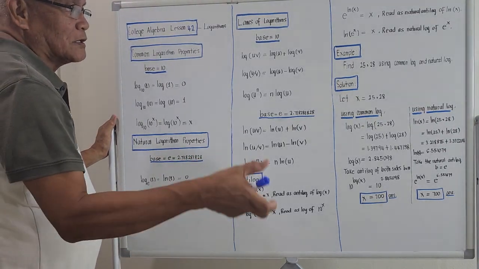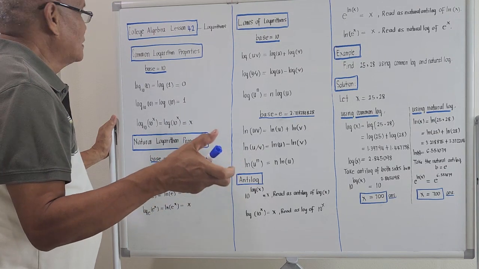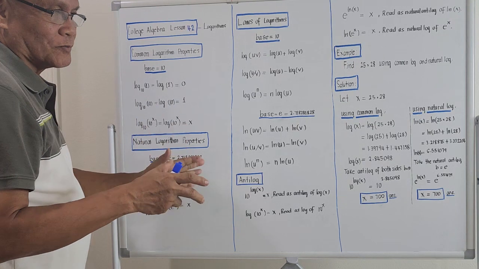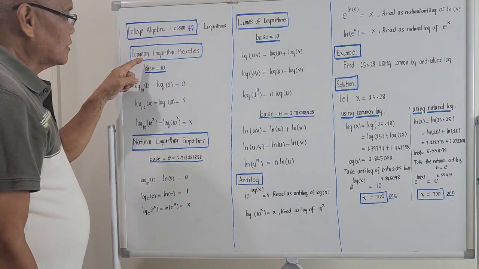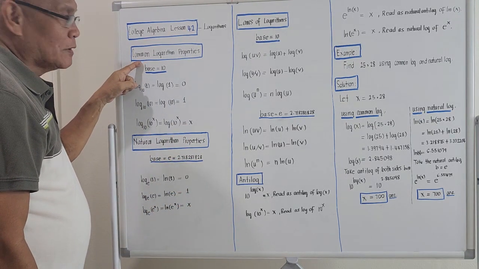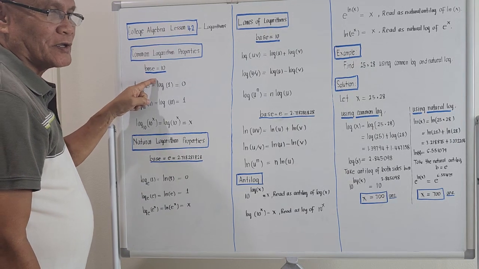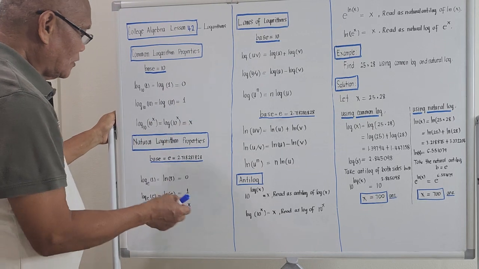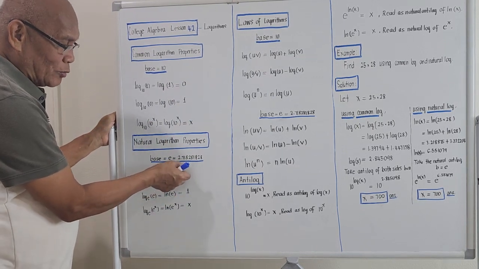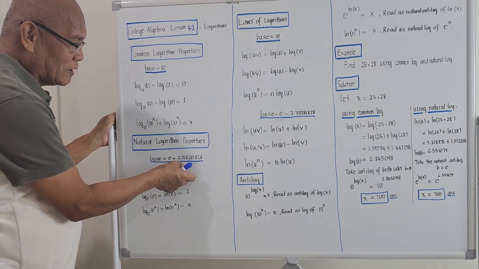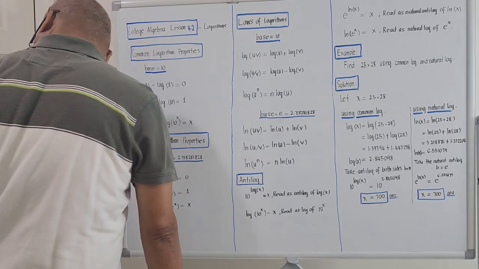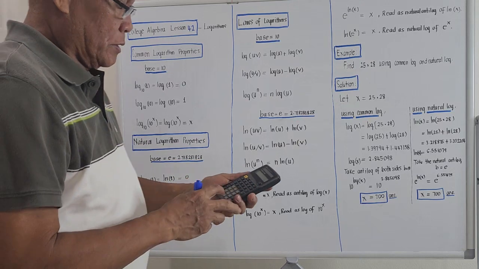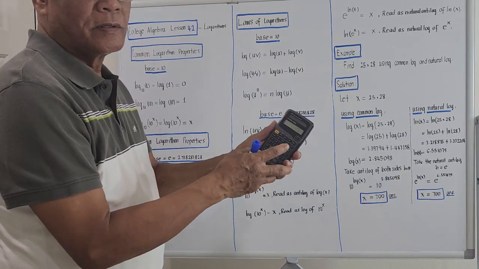To study logarithms, we should know the properties of logarithms. Since there are two types of logarithms, there is the common logarithm. If the base of the logarithm is 10, we call it the common logarithm. And if the base is e, which has a value of 2.718281828, just display one here.